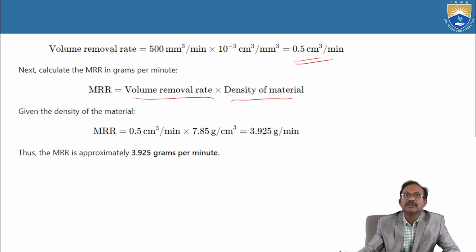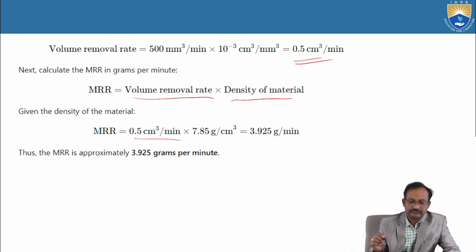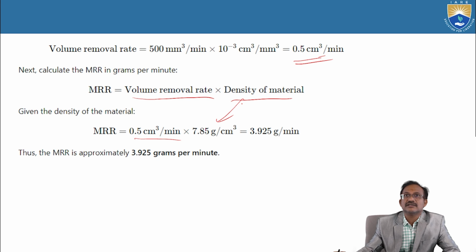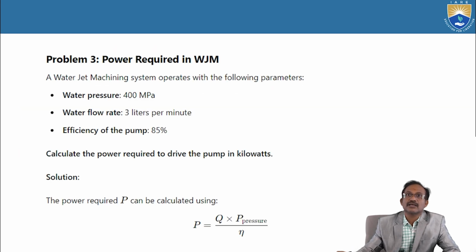Given the density of the material, MRR equals, already we got 0.5 cubic centimeters, and just multiply with the density in grams per cubic centimeter, so that we get this value.